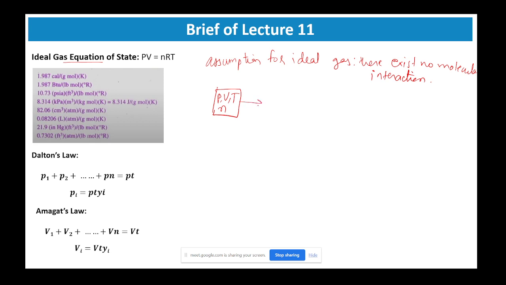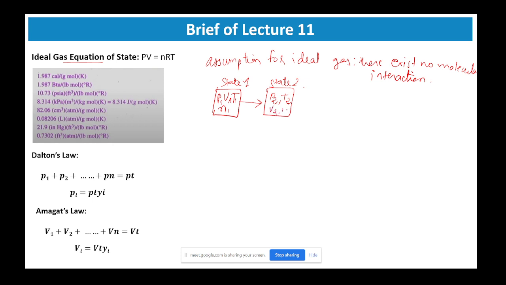if you are changing from state 1 to state 2 through some process, where you have P1, V1, T1, N1. If you change the pressure of the system, let's say to P2, and you also allow the temperature to change, then what will be the effect on volume?